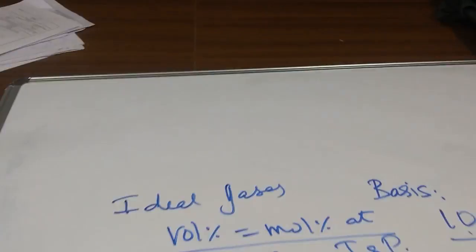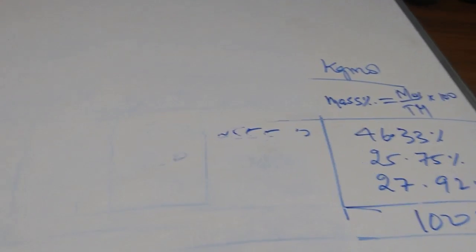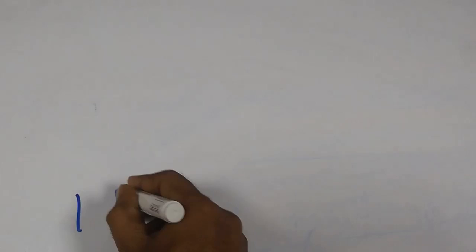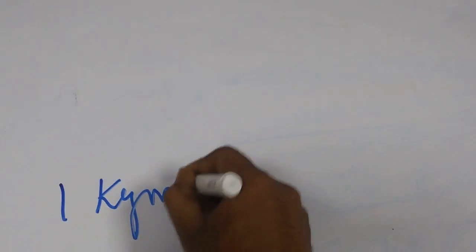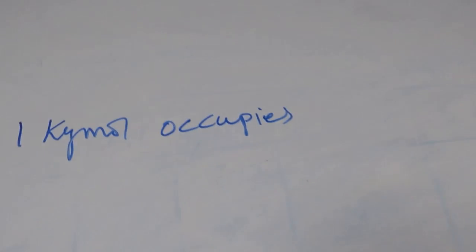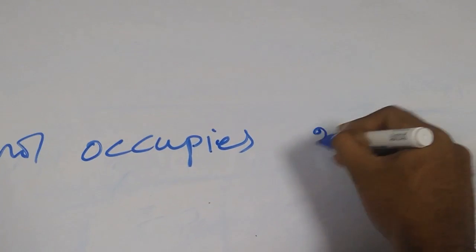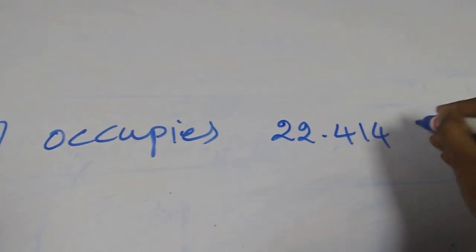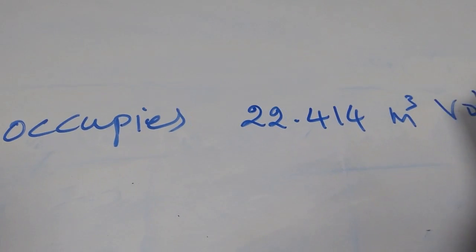So once we have determined the average molecular weight, we can determine the density now. Density can be determined in two ways. Either we can use the PM by RT formula, or we can make use of the fact that 1 kg mole occupies 22.414 meter cube volume.